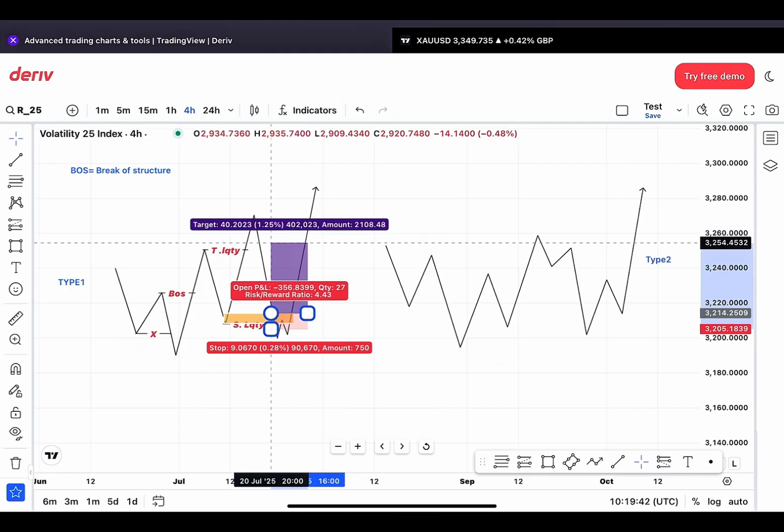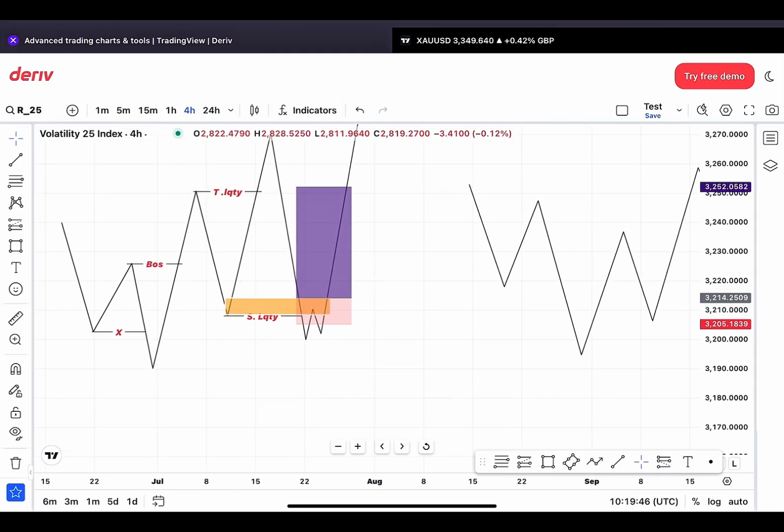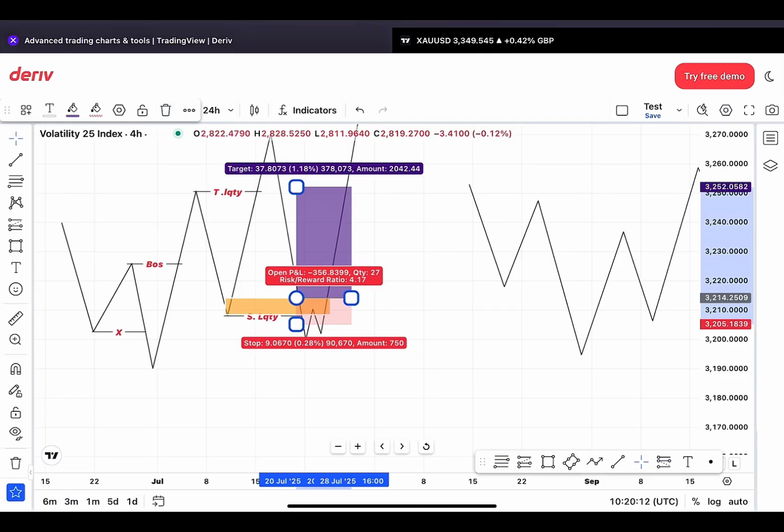and target either here. As you can see, what happened, the market went down and took out this low, took out the retail traders, hit that stop loss, boom, they have lost like $1,000 or a couple of $1,000 around this area. So what I'm trying to say is that buying at this area is not safe, because that's the structural liquidity.